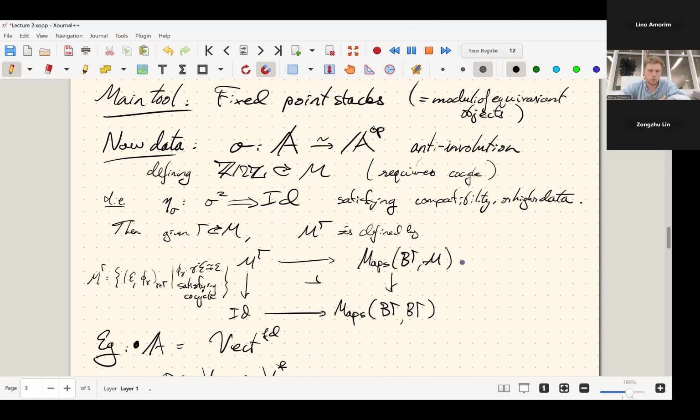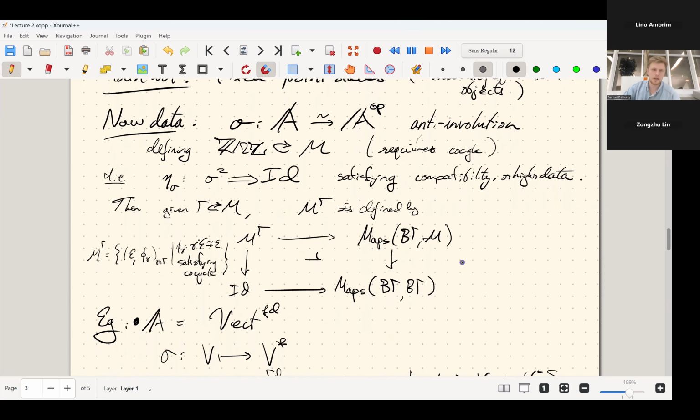So the new data that everything is going to depend upon is an anti-involution of our underlying category. So we want a category that has a map which is involutive on objects and reverses corresponding arrows.